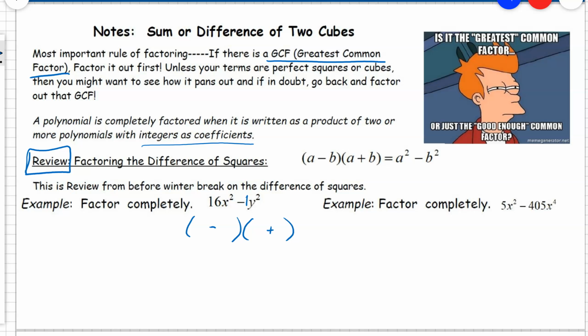In this case, the square root of 16x squared is going to give us 4x, and the square root of y squared is just going to give us y. So the second binomial is going to be 4x and y. Those are conjugates of each other.